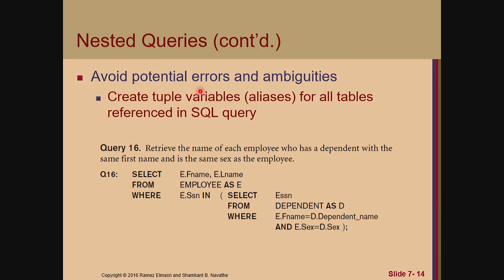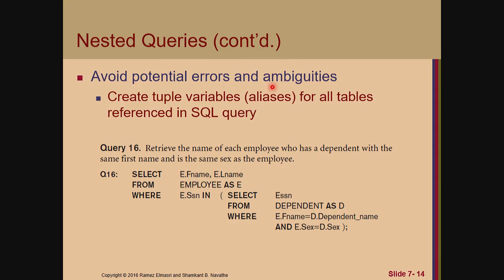Avoid potential errors and ambiguities. Okay, sometimes if we have two tables with similar column names, like first name or last name or SSN, it becomes ambiguous when you use two tables with the same column name.